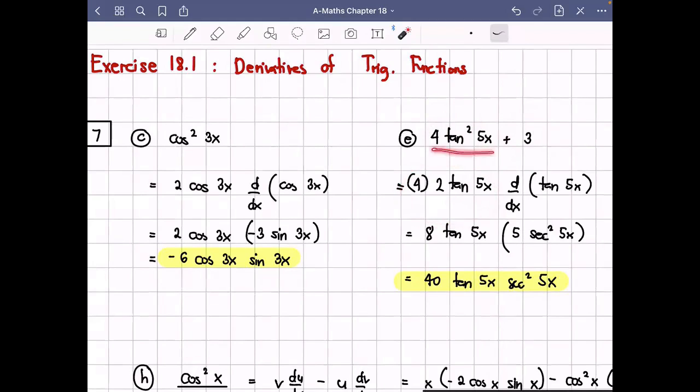And then we still need to derive tangent of 5x, again without the index. So simplify this, you get 8 tangent 5x. And then deriving this, you get 5 here, multiplied here. So tangent of 5x becomes secant squared 5x. And then 8 times 5 gives you 40, and then just combine this. So therefore your answer is 40 tangent of 5x secant squared of 5x. That's for letter E.